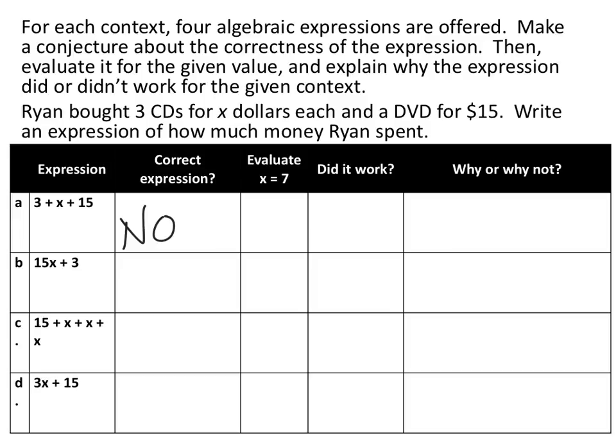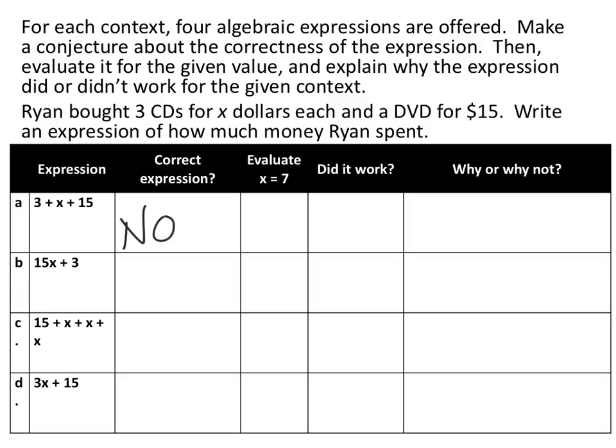Let's go ahead and evaluate this. So when x is 7, since x is representing the number of dollars for each CD, in other words, we're saying if each CD was $7, how much would he have spent?